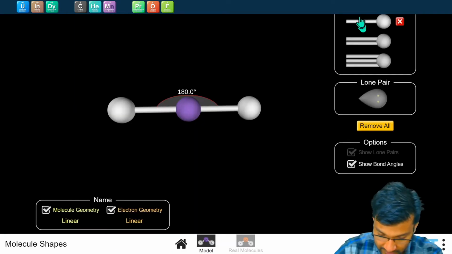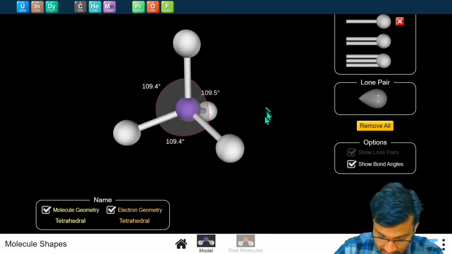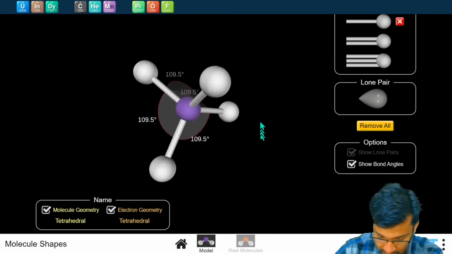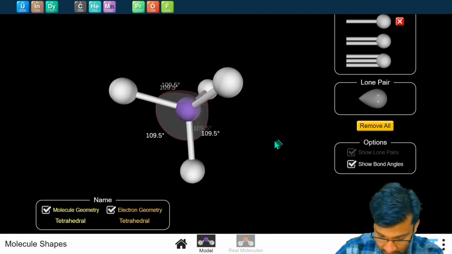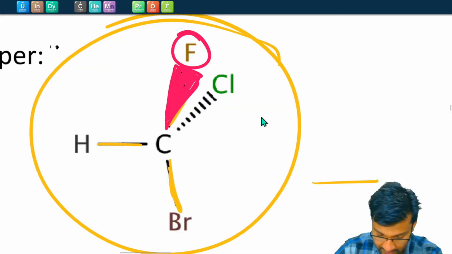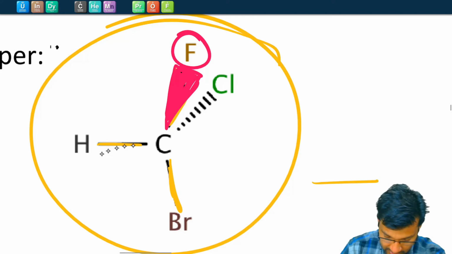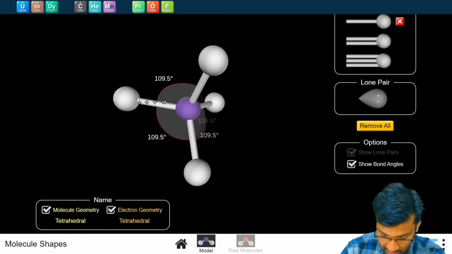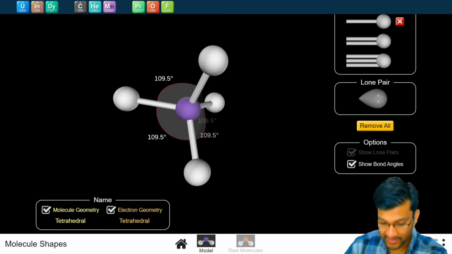So let's put 4 bonds on this. What this is representing, let me see if I can align it properly, something like this, right? The bond that goes to the left here and downwards are along the same plane as the center atom.